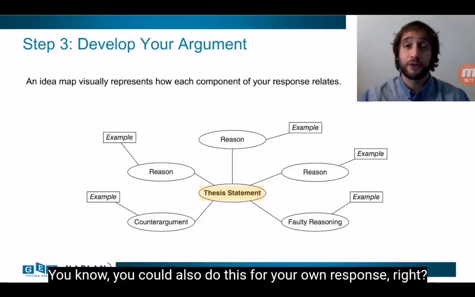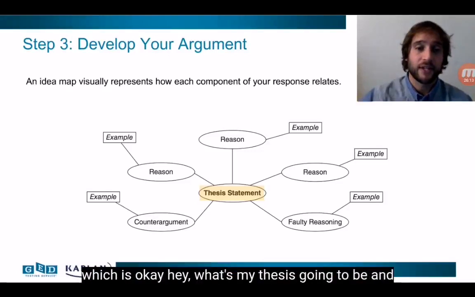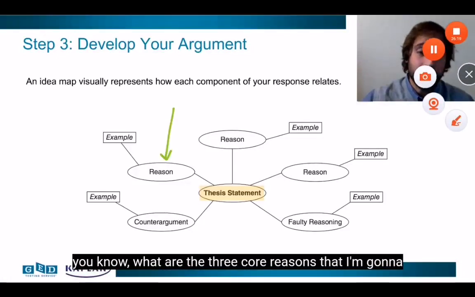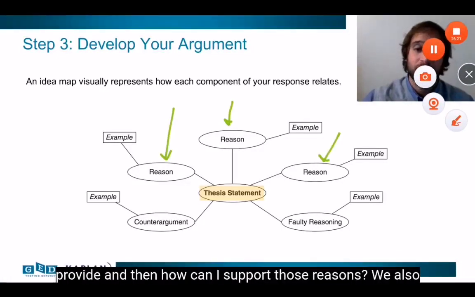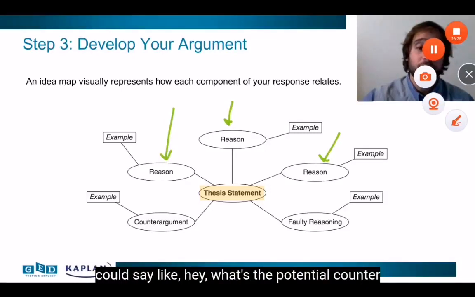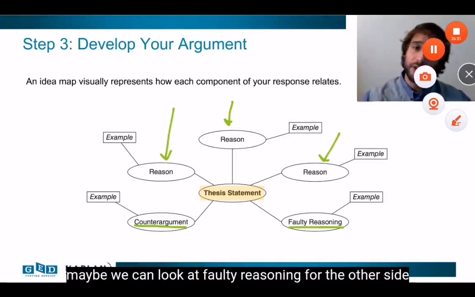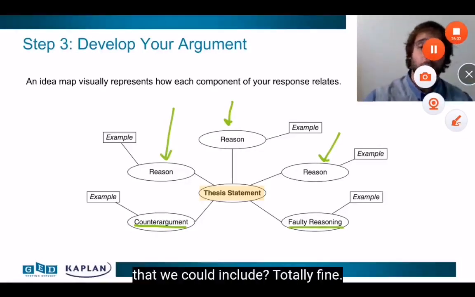You could also do this for your own response, right? Which is, okay, hey, what's my thesis going to be? And what are the 3 core reasons that I'm going to provide? And then how can I support those reasons? We also could say, hey, what's a potential counter argument that we need to address? Or what's something, maybe we could look at faulty reasoning for the other side that we can include?